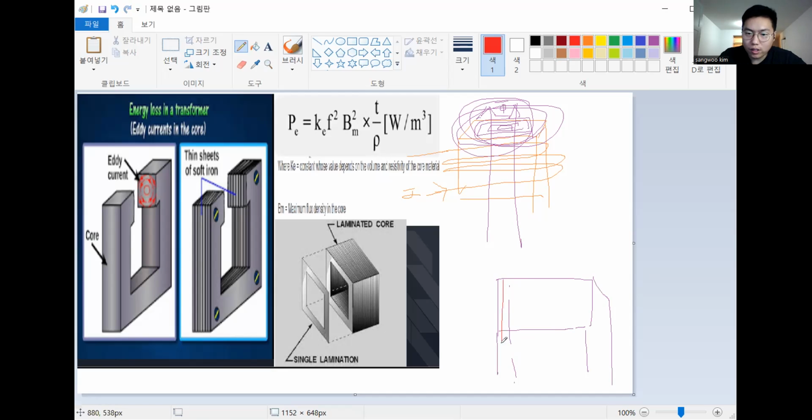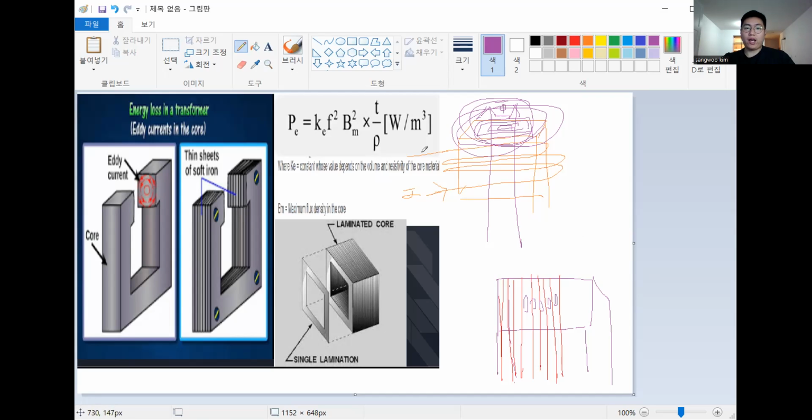Since we laminate, slightly accumulating these parts, the eddy current becomes small, small eddy current, small eddy current. That's why we laminate this sticker, to reduce the eddy current.